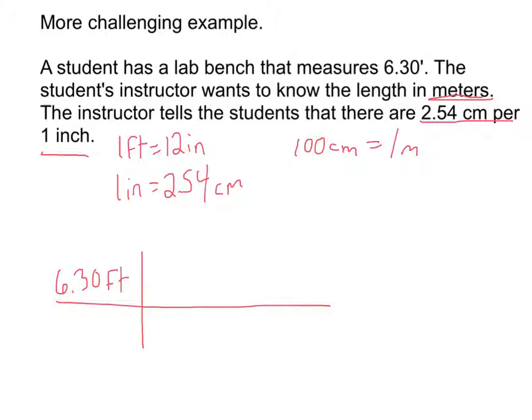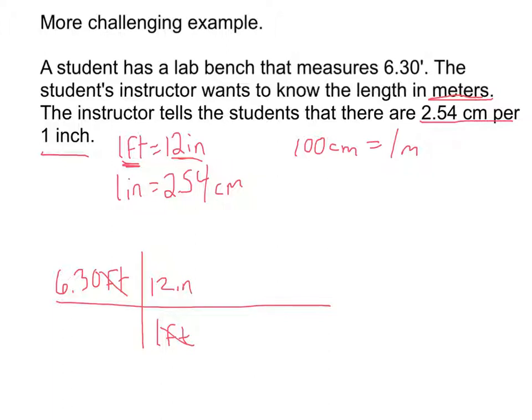I'm going to employ this conversion factor right here: 12 inches equals 1 foot. I can set it up either as 12 inches on the top and 1 foot on the bottom, or I can put 1 foot up here and 12 inches on the bottom. Because we want to cancel feet, I'm going to put 1 foot here and 12 inches there. That causes the unit of feet to divide out.